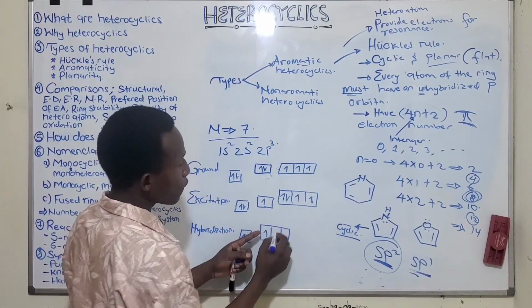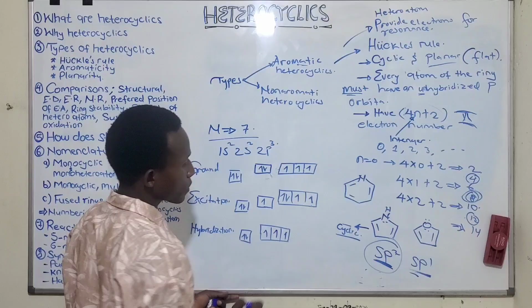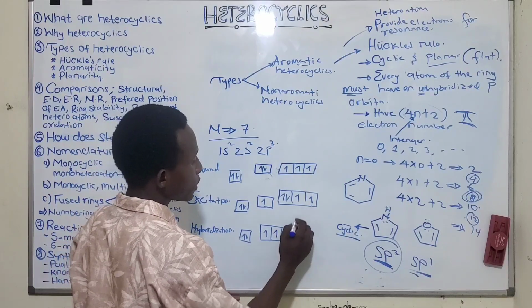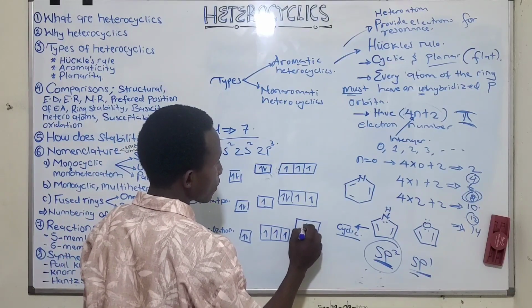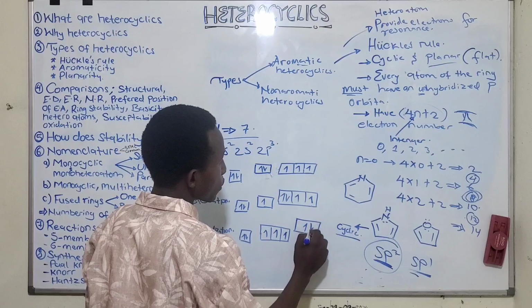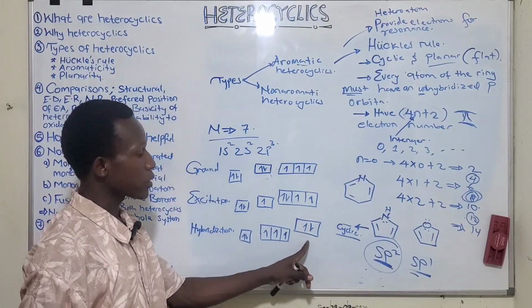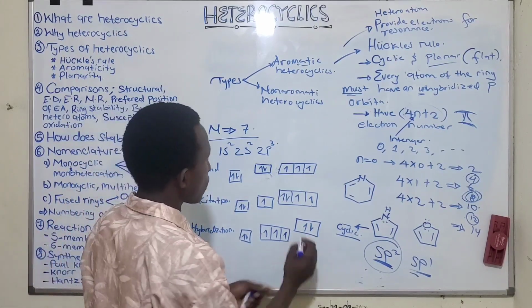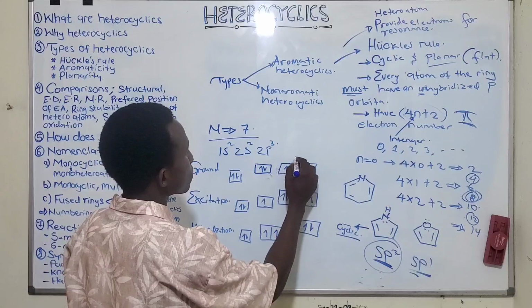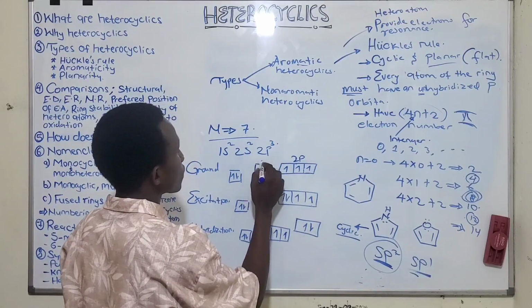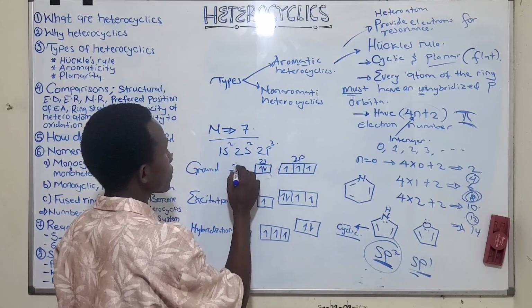So we shall have this and unhybridized lone pair of electrons. And this is 2p, this is 2s, this is 1s.